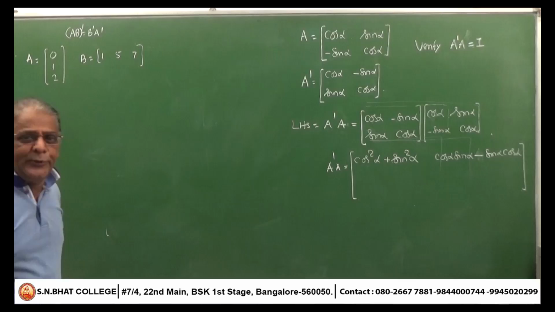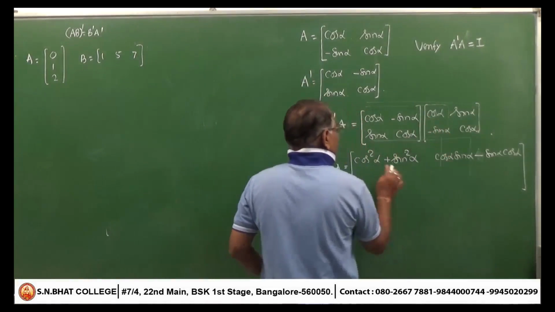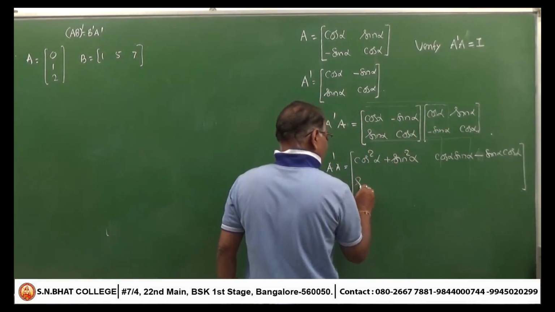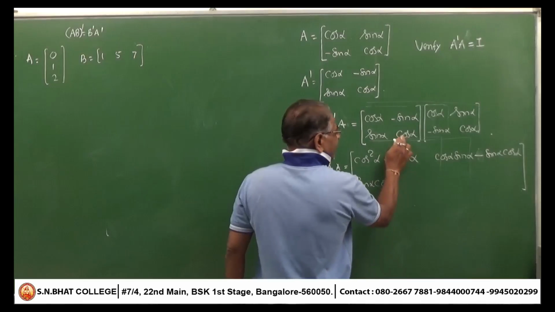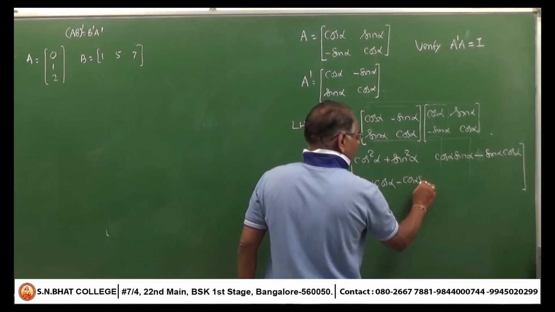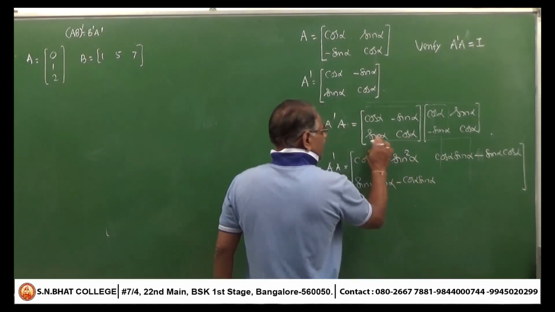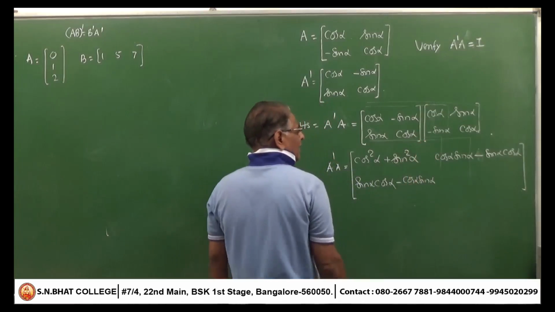Next, multiplication of second row with first column. Sin alpha cos alpha plus into minus cos alpha sin alpha, that is sin alpha cos alpha minus cos alpha sin alpha.